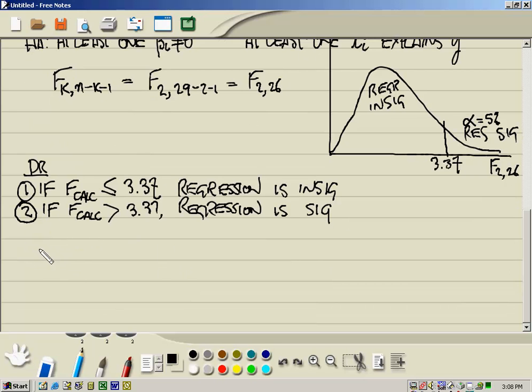Next step is to do F-calc. In this case, since we're given only R squared, we're forced to use the R squared version of the formula. So that'll be R squared divided by k, all that divided by 1 minus R squared divided by n minus k minus 1.